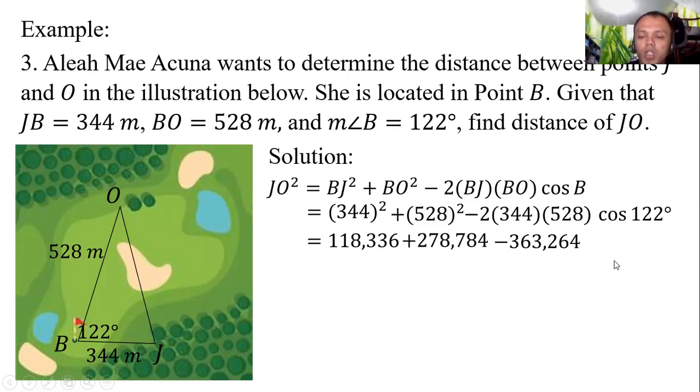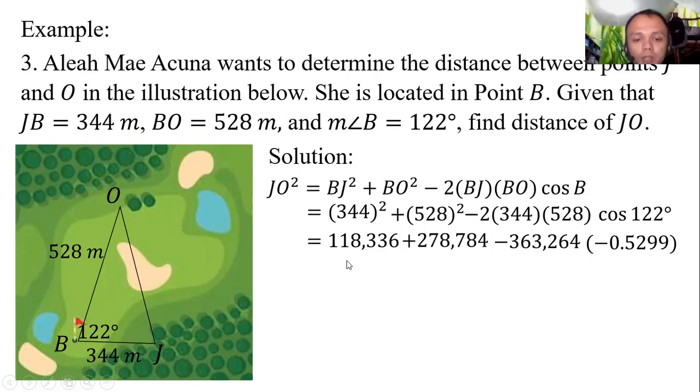Then your cosine 122 is negative 0.5299. Now, add natin to, 118. By the way, class, itong 363,264, multiply kong tatlo ha. 2 times 344 times 528 is equal to this one.